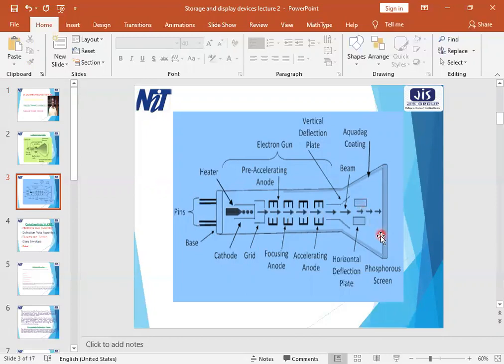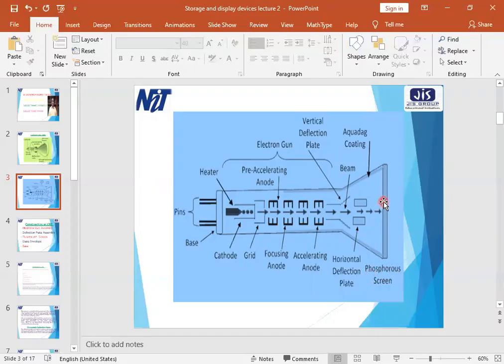They give the x shift, deflecting the electron beam horizontally. An aquadag coating is coated over the screen. This coating is the phosphorus screen or phosphorus coating.